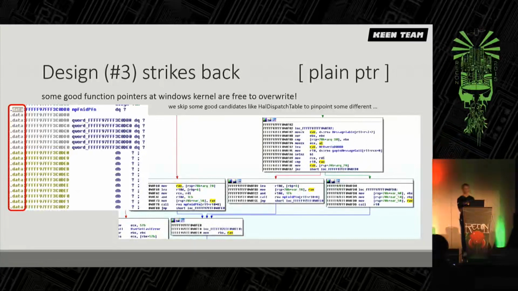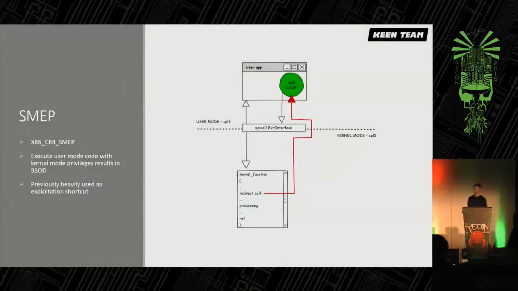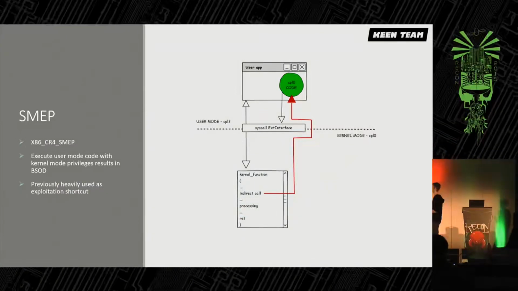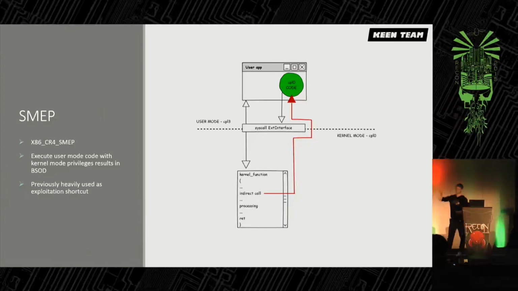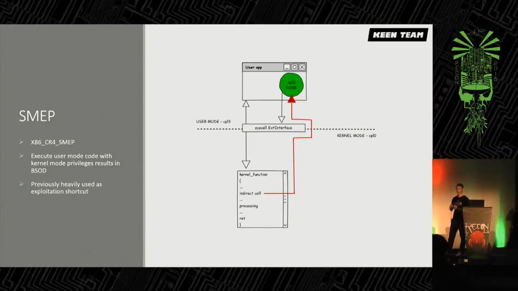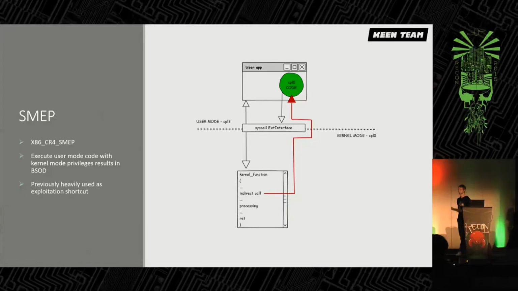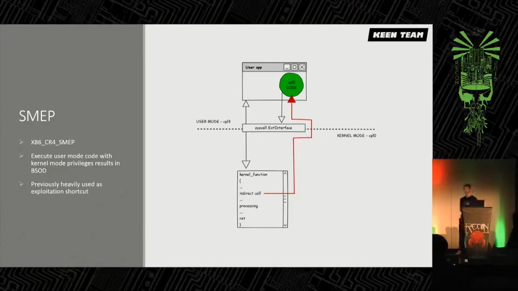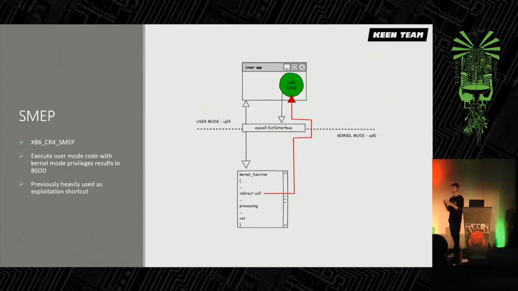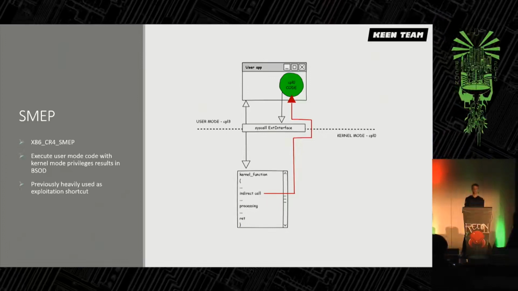with supervisor privileges. But nowadays you can't, because supervisor mode execution prevention was introduced. That means that when you invoke a syscall, you are in the kernel, and when you want to jump to user mode code, it will just panic, because it's not allowed. With supervisor privileges, you can only jump into the supervisor mode space. You cannot execute any code from user mode.